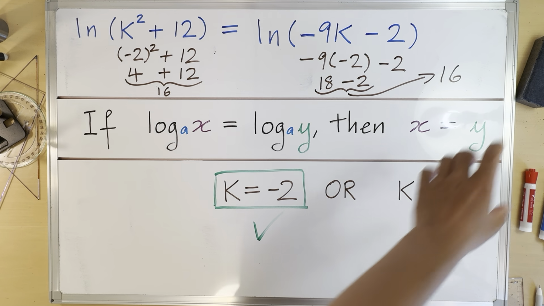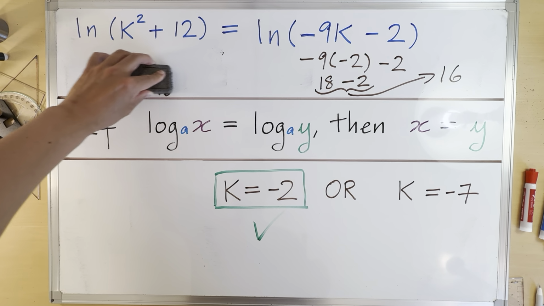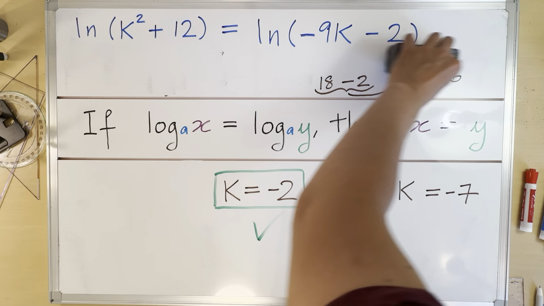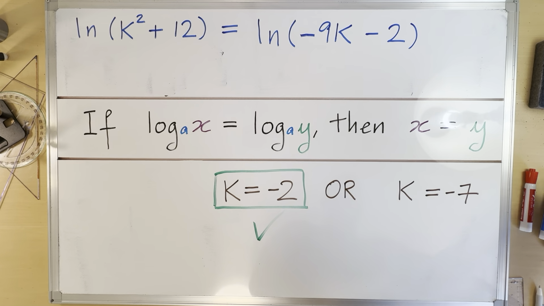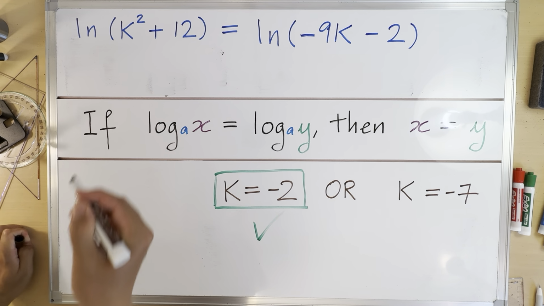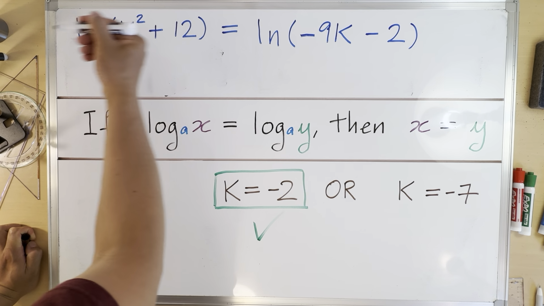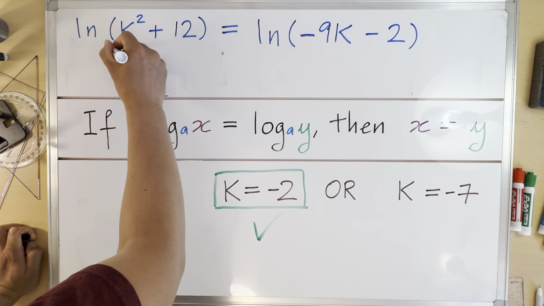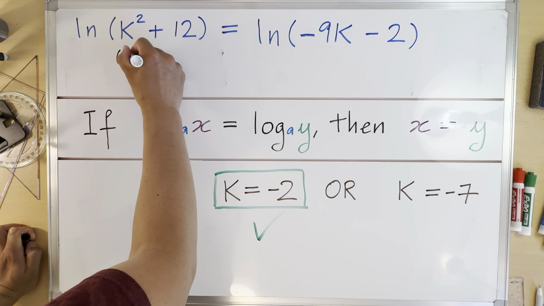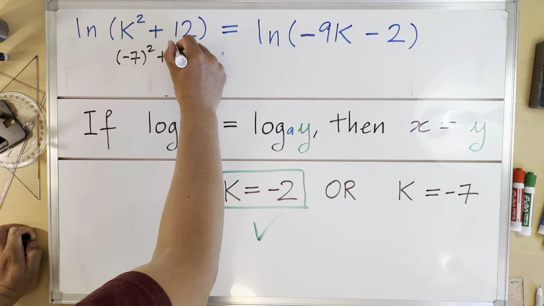So if k is equal to negative 7, then in that case, for this argument of the logarithmic expression to the left side of the equation, we're going to have negative 7 squared plus 12.